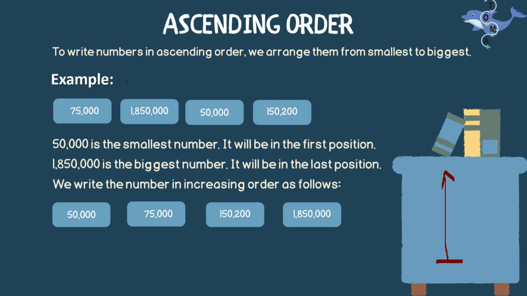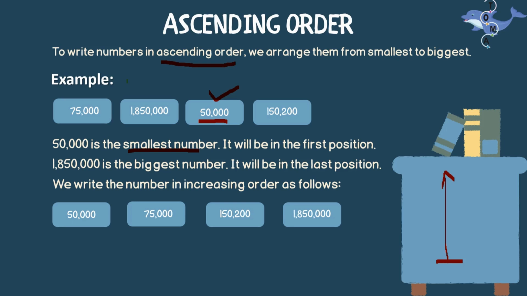We are going to arrange these numbers into the ascending order, means increasing order. So right now we have 50,000. We have checked that this number is the smallest number. So whenever we are going to write down in ascending or descending order, we are going to check the smallest number and the greatest number in the sequence first.